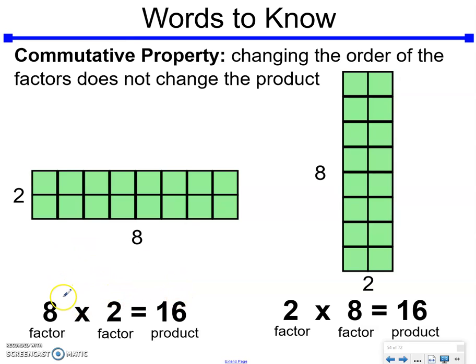Well, if I changed the order of the factors from 8 times 2 to 2 times 8, meaning that I took the exact same rectangle and turned it on its side, so there were 2 squares in each row and 8 rows, the area would still be 16. My product would still be 16. So it does not matter the order of the factors, 8 times 2 or 2 times 8. The product, the answer, is the same. It's 16 either way. 8 times 2 equals 16 and 2 times 8 equals 16.